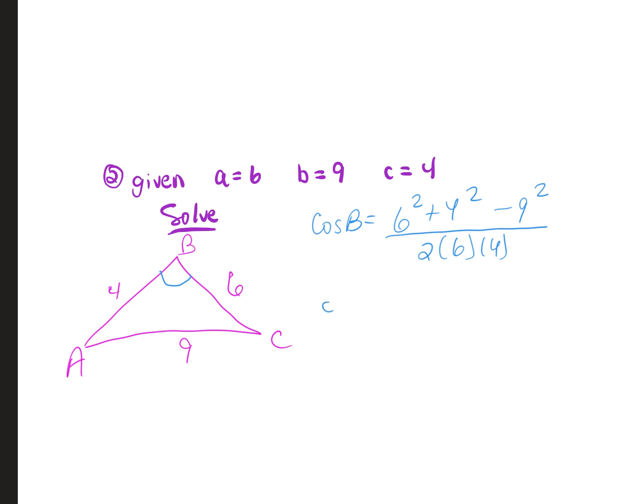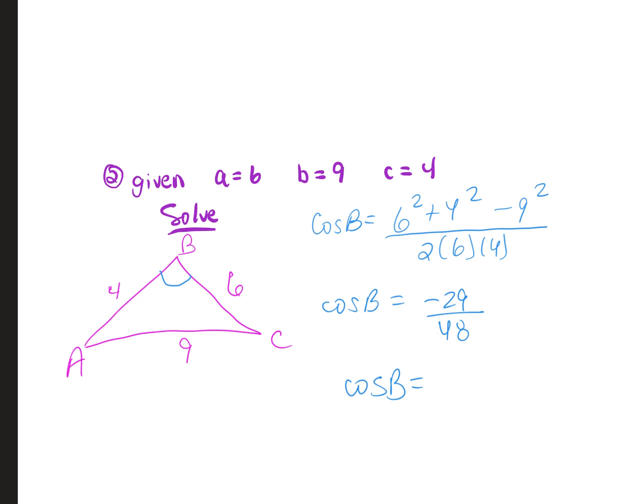So now take your time. Simplify down. Cosine B equals 6 squared plus 4 squared minus 9 squared, negative 29 over what? 48? Do you guys agree with me? Yeah? Okay.